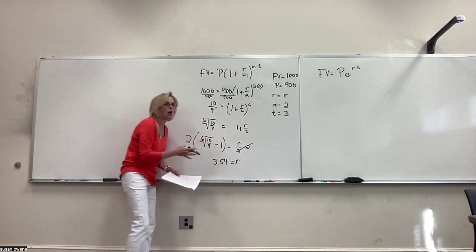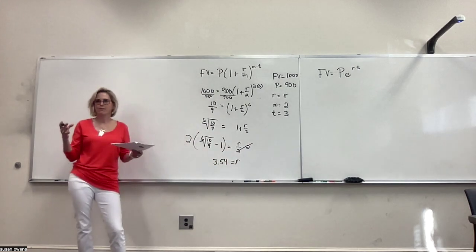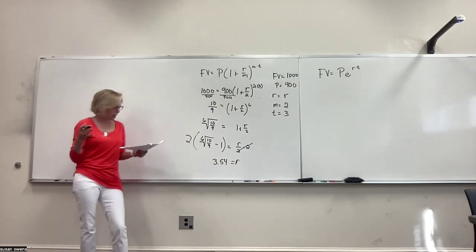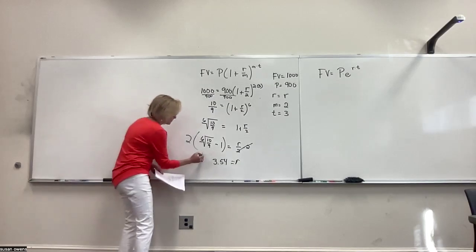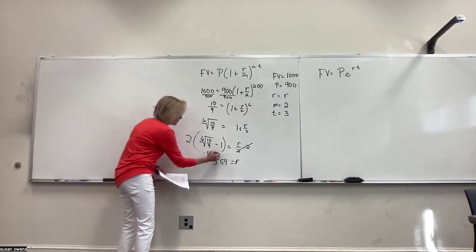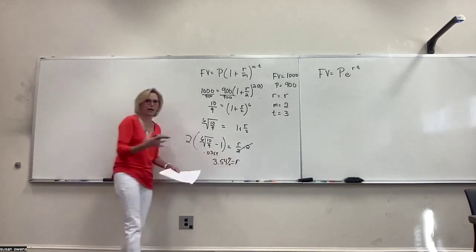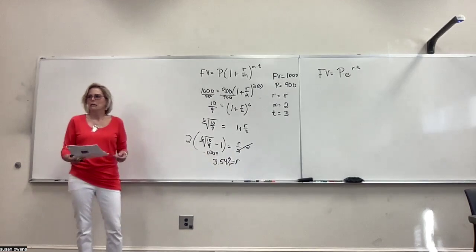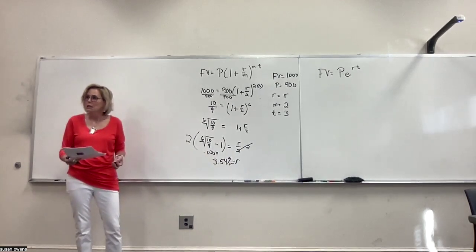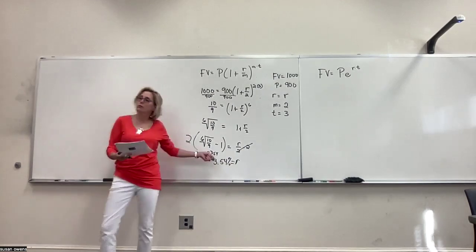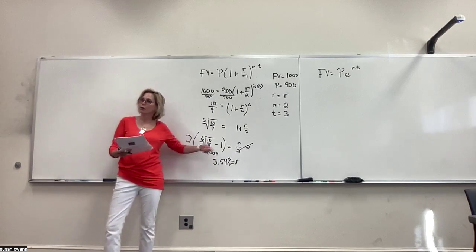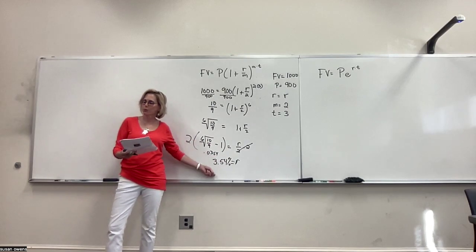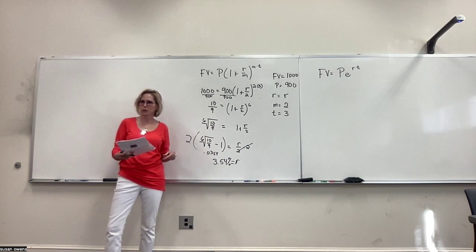Now, some of you I saw rounded and you got 0.04. And this was 0.0354, but I wanted to change it to a percent to put that label on it. When I ask you a word problem, I want you to label it. So I would want you to change it to a percent so that you can give me the percentage rate of interest that you're earning.